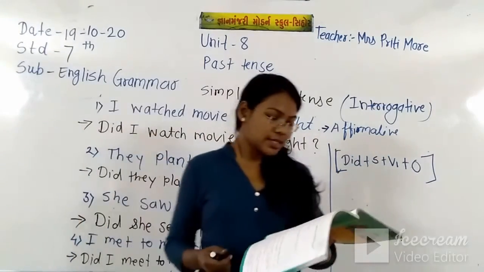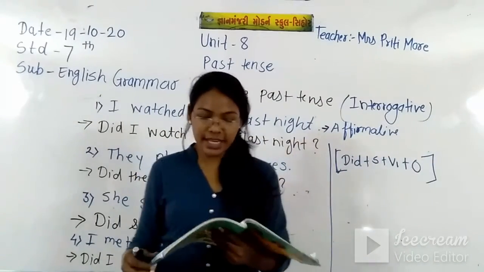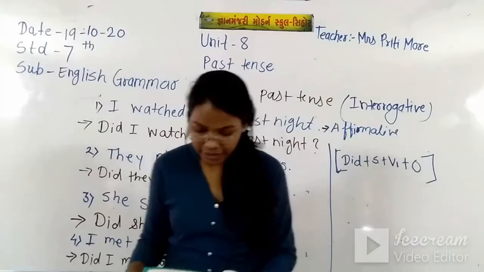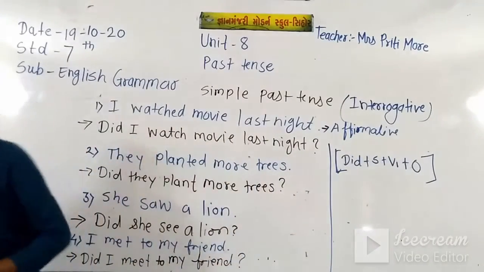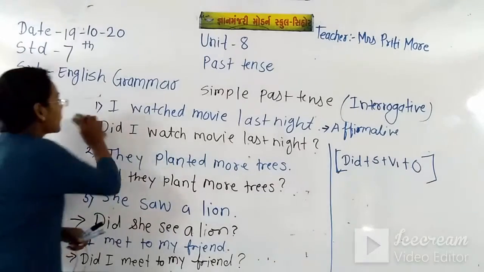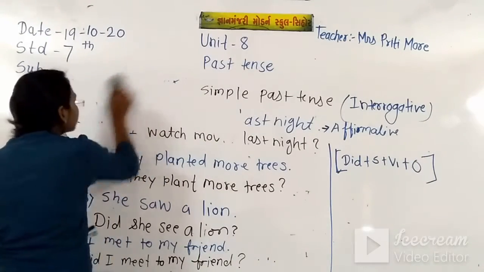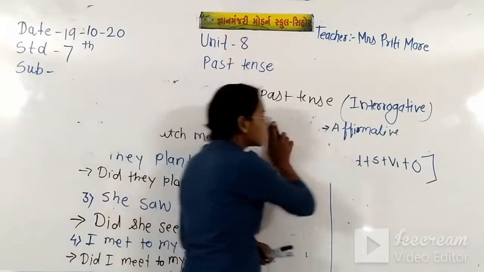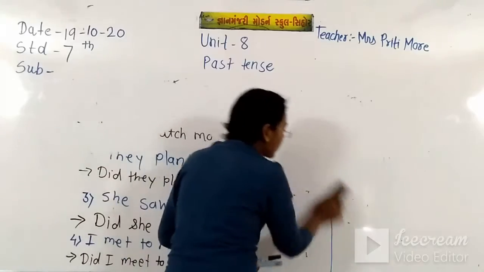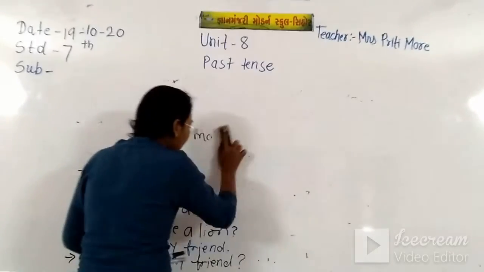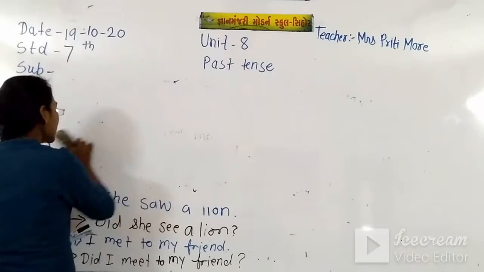So the focus exercise A is your homework, and the practice exercise we are doing right now. The sentences are given there in the practice exercise. We have to convert the sentences.